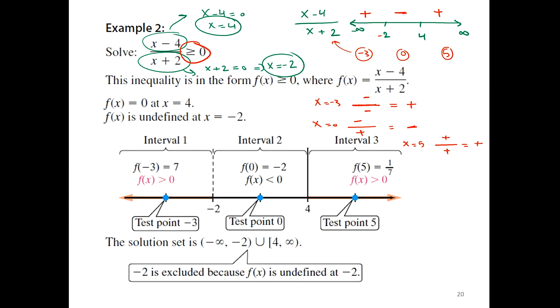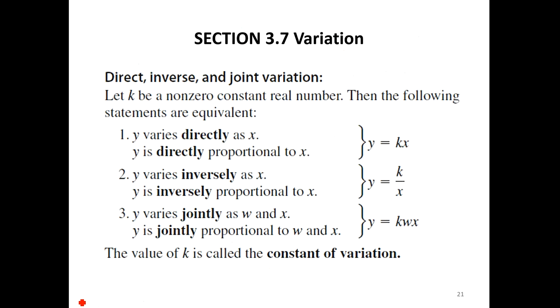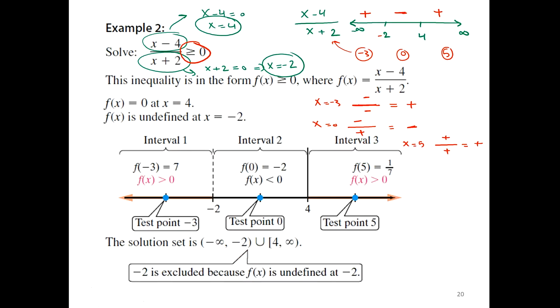We need the fraction positive, so we have two regions: from negative infinity to negative 2, or from 4 to positive infinity.